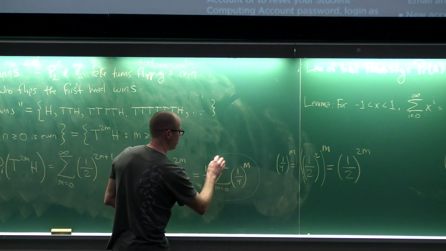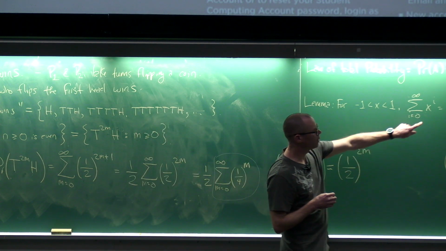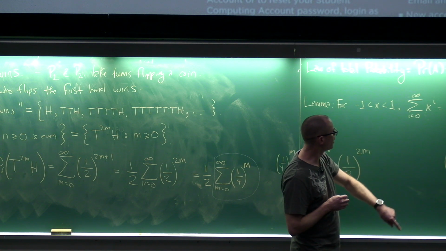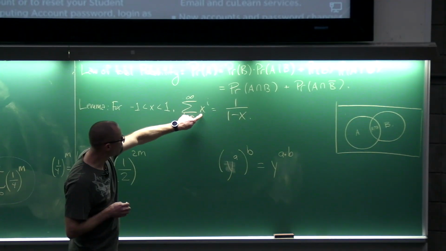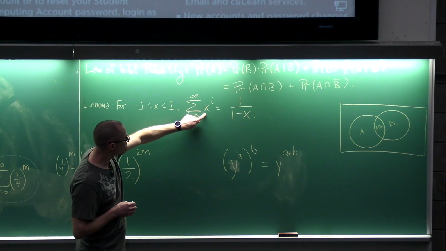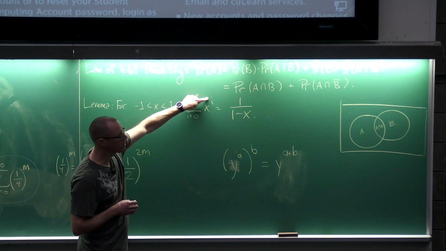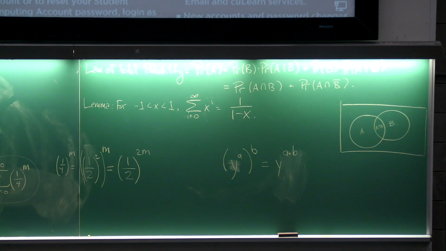And now this thing right here looks exactly like this. Right? We have the index variable running from 0 to infinity. We have a base, and the sum we want is that base raised to the power of the index variable. Right? m equals 0 to infinity of 1/4 to the m.